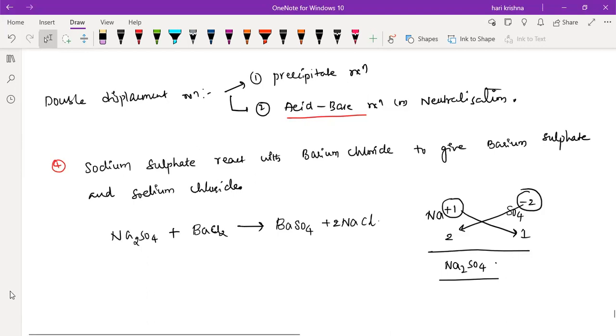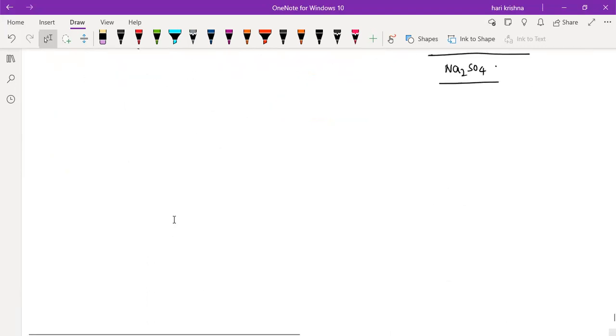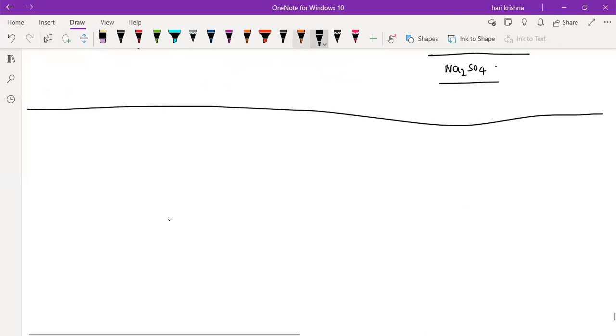Fine. If you take oxidation reduction, what is the meaning of oxidation first? Addition of oxygen or removal of hydrogen. Redox reaction means removal of oxygen and addition of hydrogen, or an electron. Okay, good. Simple, I will write here.